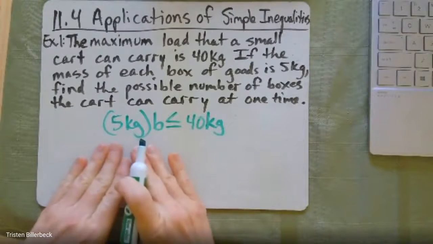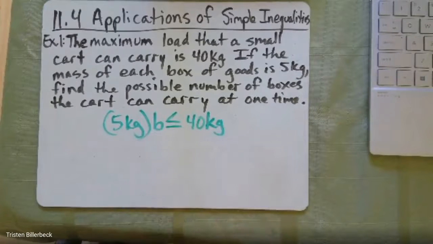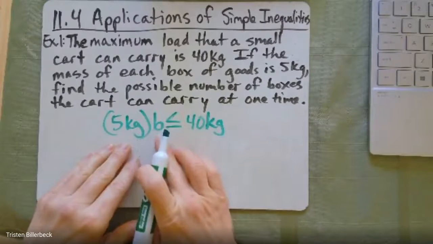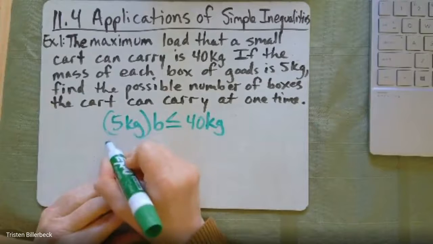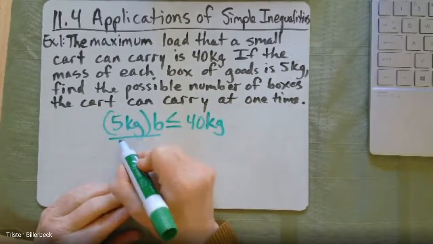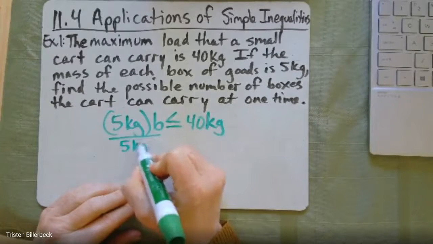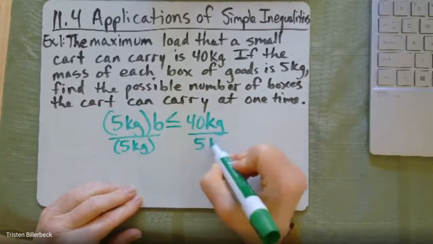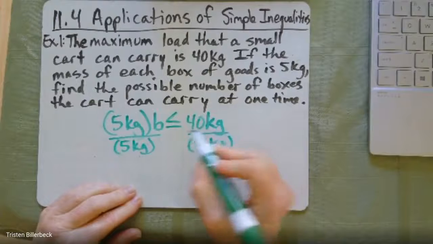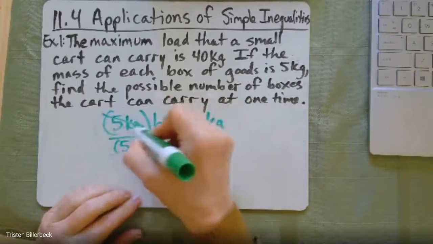So we have 5 kilograms, and we need to get that away from the B. It's multiplying right now. So the opposite is division. So we're going to divide by 5 kilograms and by 5 kilograms. So this cancels.